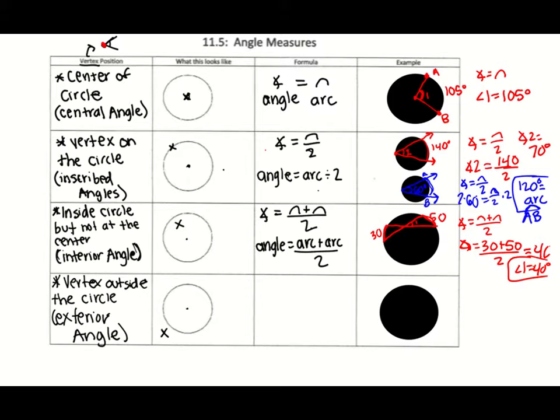So for our vertex of our angle, we're out here somewhere. The formula for this case is similar to above, except we have our angle equals our arc minus arc over 2.